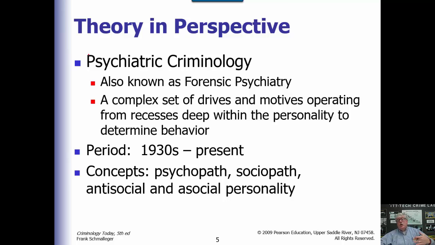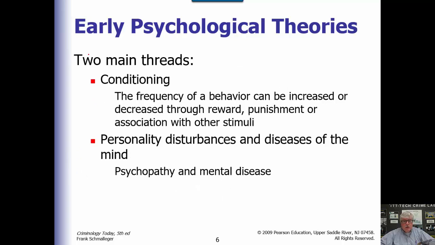It has changed over the years, with different definitions and different requirements for what is a sociopath, a psychopath, antisocial or asocial. It's been refined, and the more common term to use today is antisocial personality disorder, or ASPD, as we shall see.